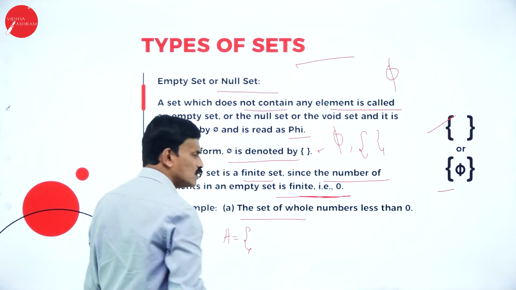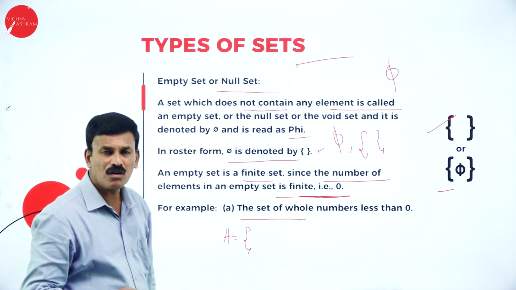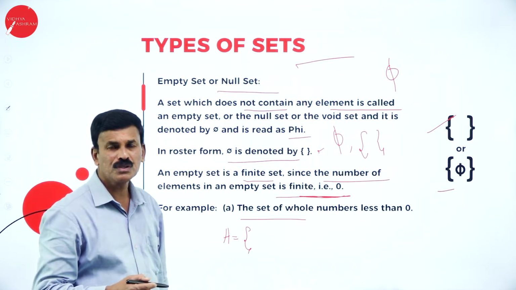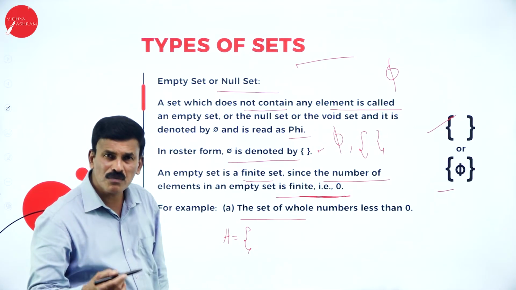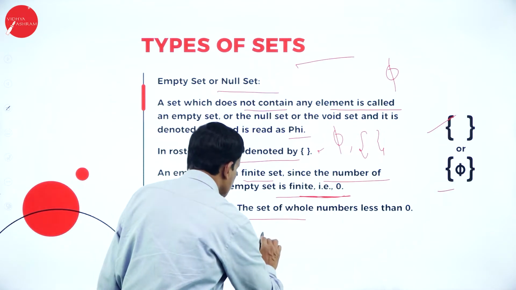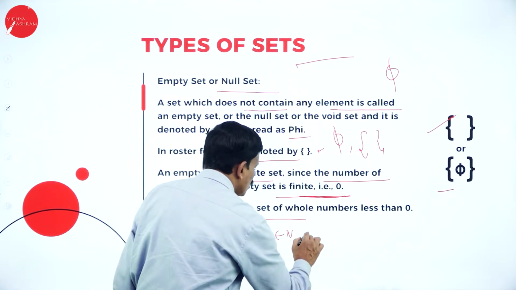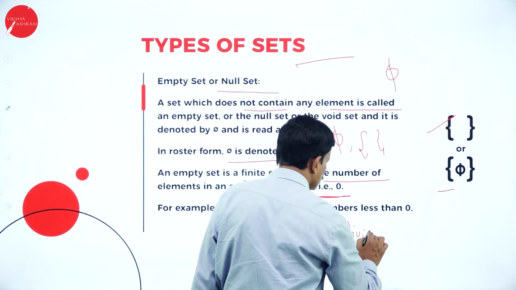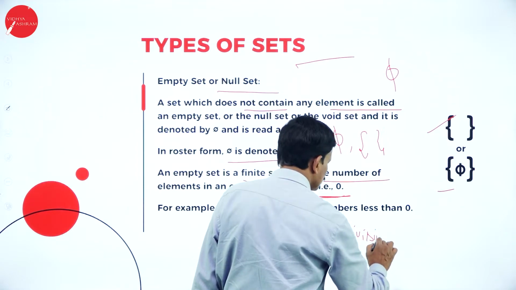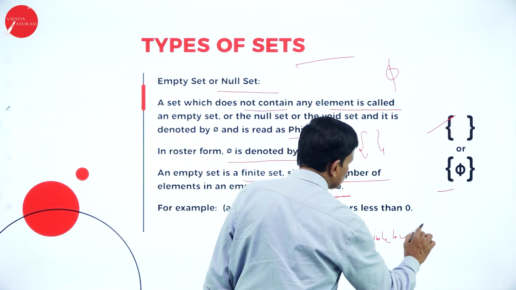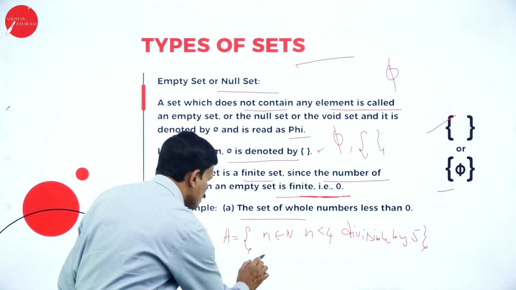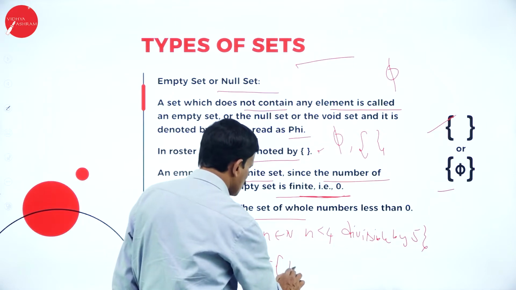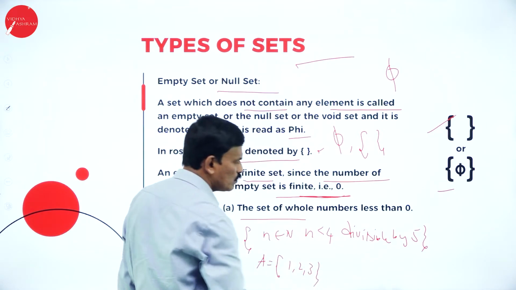If A is the set of all natural numbers less than 4 which are exactly divisible by 5, where x belongs to N. Now I will write the elements of the set: A equals {n such that n is less than 4}, meaning all natural numbers less than 4, that is 1, 2, 3.